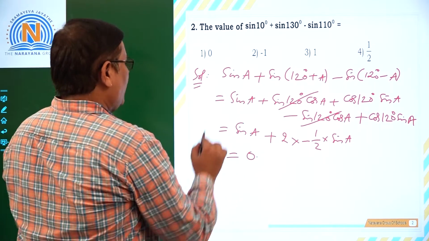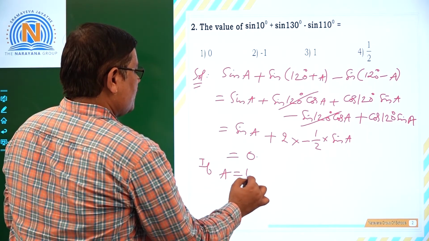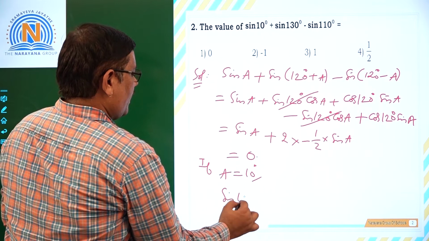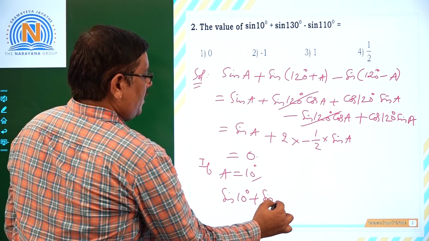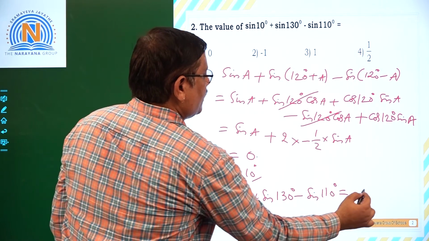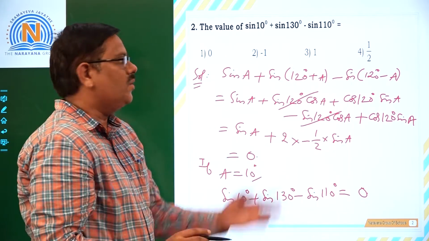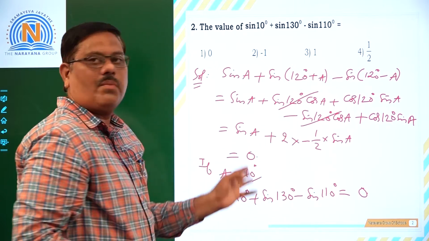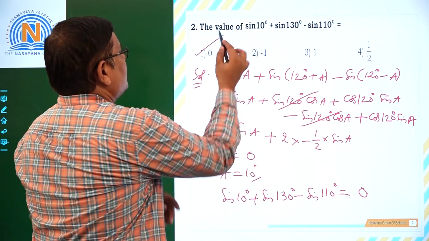If you take A equal to 10 degrees, we have sin 10 degrees plus sin 130 degrees minus sin 110 degrees equal to 0. Using this identity we have proved it. So 0 is the first option for us.